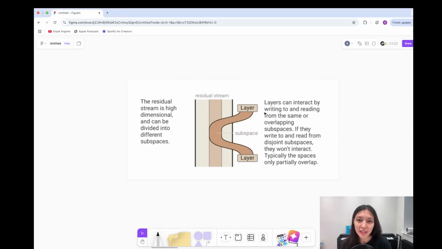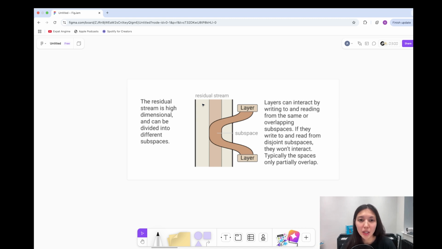Another interesting insight shared in this paper is that the residual stream has a high dimensionality and therefore can be divided into different subspaces. Each subspace can be dedicated to a different kind of information.